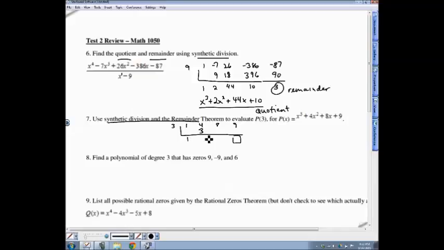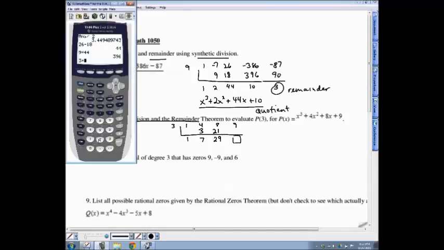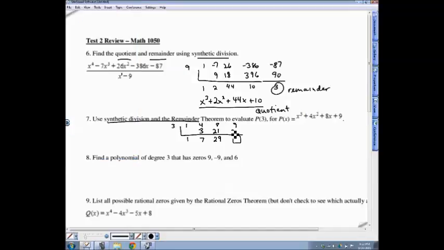So, let's see what we get. 3 times 29, let's see, it's going to be 87, better check that. And 9 plus 87 is 96. So the polynomial evaluated when x is 3 is equal to 96.